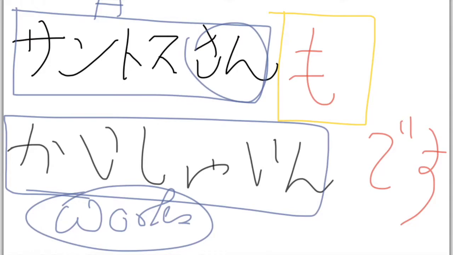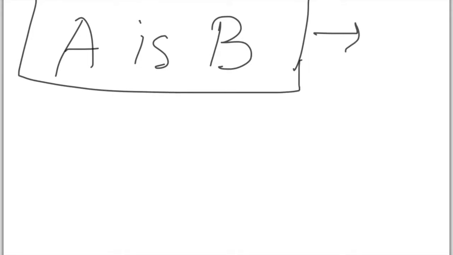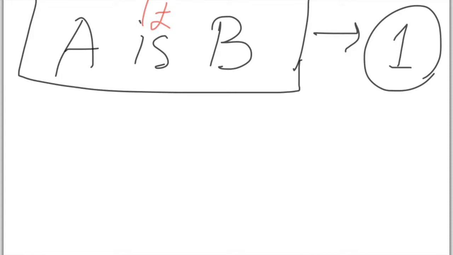Let's say we have A is B, which is the sentence number 1 we learned, with the particle wa.